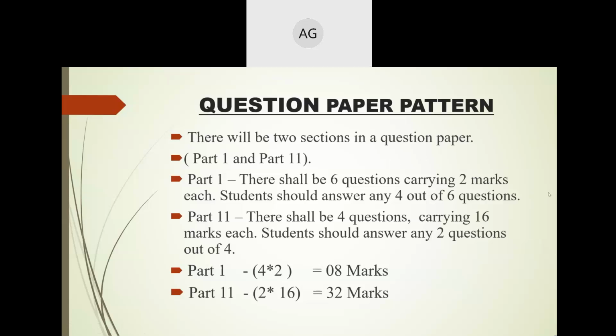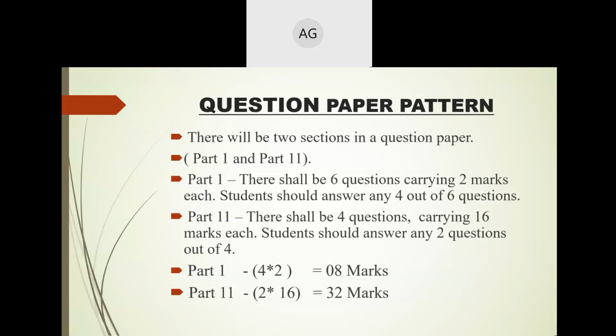In part 1, there will be totally 6 questions carrying 2 marks each, wherein you have to answer only 4 out of 6. That is, they'll be just of 2 marks and there will be 6 questions. In that, you have to answer only 4.